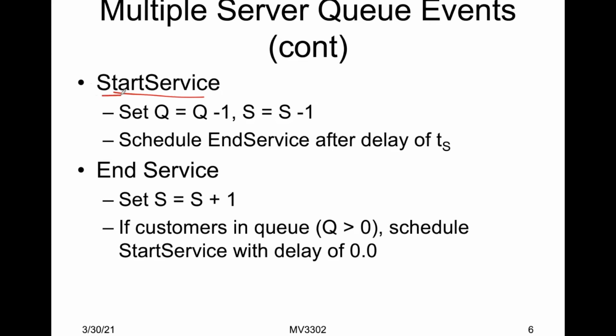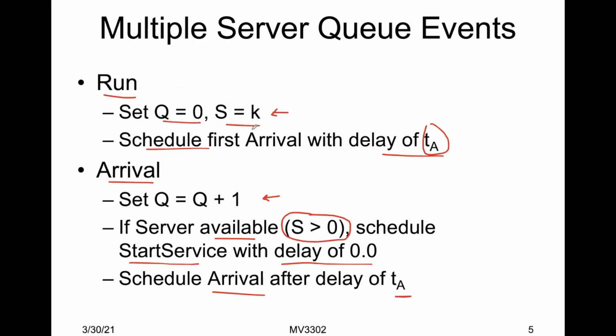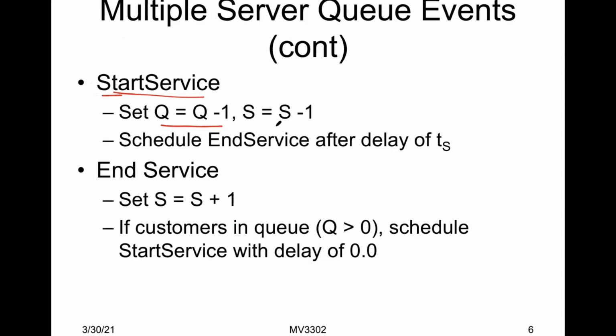So the start service event is going to decrease Q by 1, and it's going to decrease S by 1. In other words, we take a guy out of the queue and a server out of the available servers. Once a server is serving 1 customer, that's all they can do until they're finished with them. Once a customer goes into service, they're not in the queue anymore, and so the queue goes down by 1.